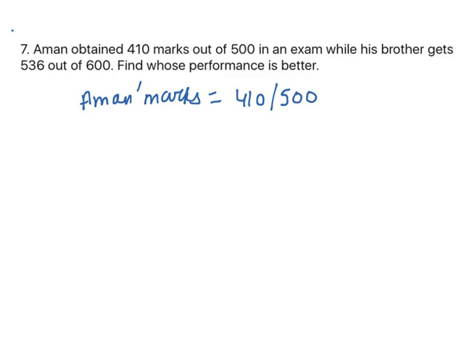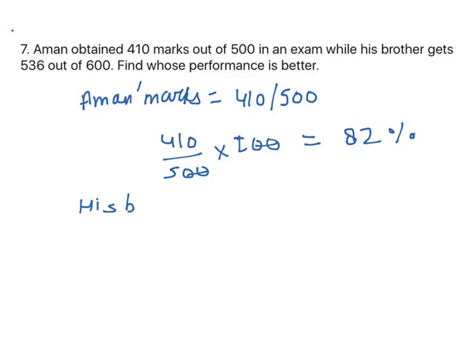So what will we do to find the percentage? We will simply multiply it by 100 to change it into a percentage. Here these two cancel with these two zeros, and 410 divided by 5 will give us 82. So that means Aman scores 82%, and how much does his brother score? 536 out of 600.